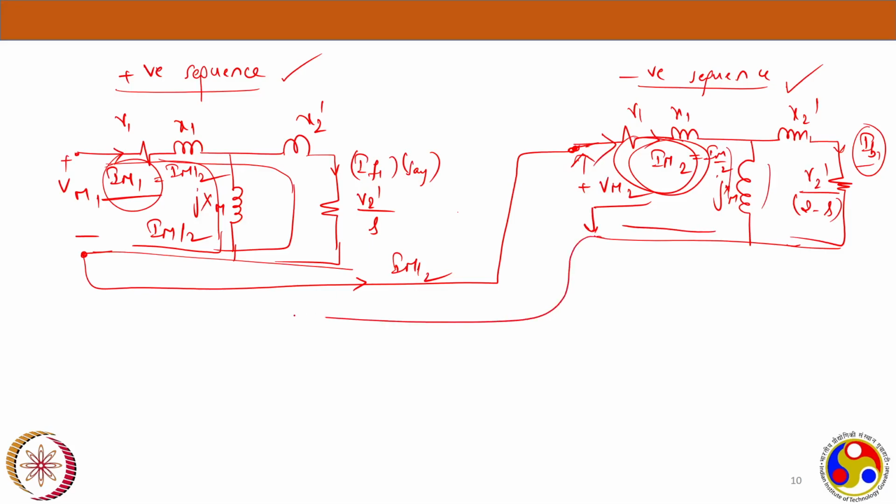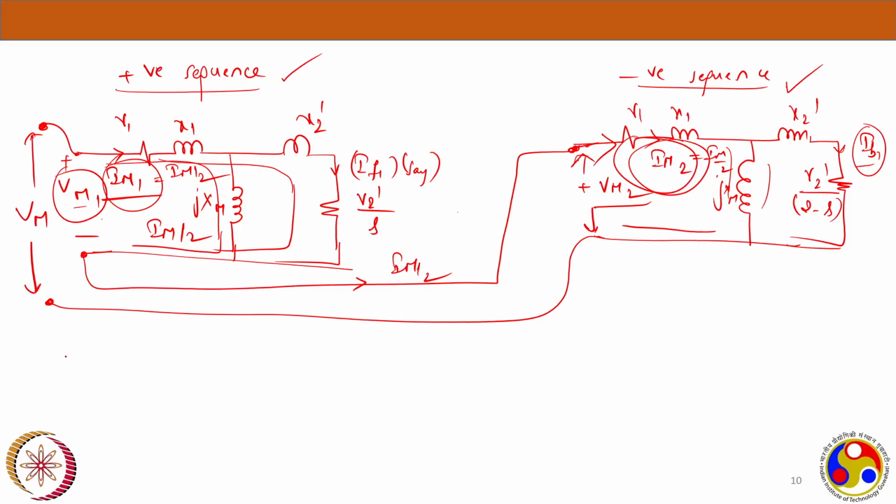So this particular part will be outside. This is the total. Now you have connected these two in series. VM1 is in series with VM2, and this total would be VM, the summation of VM1 plus VM2, right?